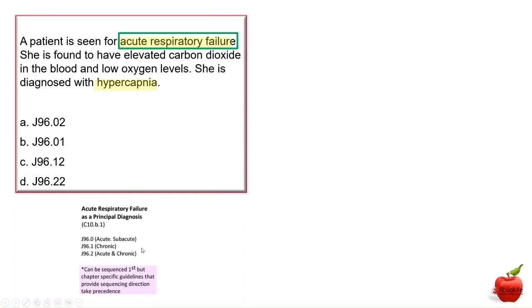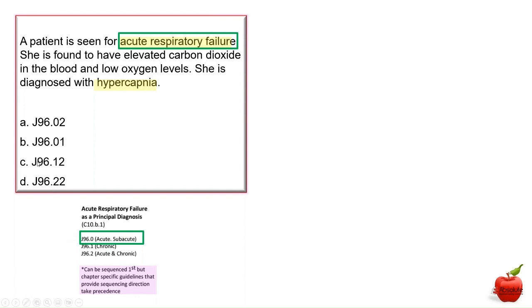So, we can take a look here, acute respiratory failure, and we can look here with our tab. We know that it's going to be J96.0 something. All right. So knowing that, what can you immediately eliminate? If you've got this tabbed and you see acute respiratory failure, let me go and reference my sequencing. Let me go and reference my guidelines.